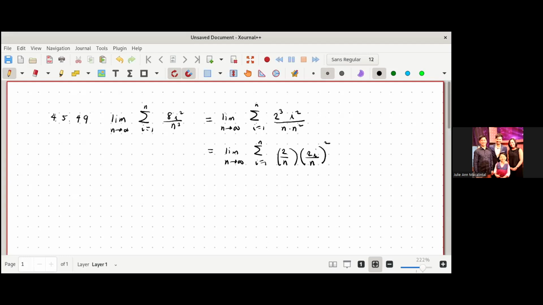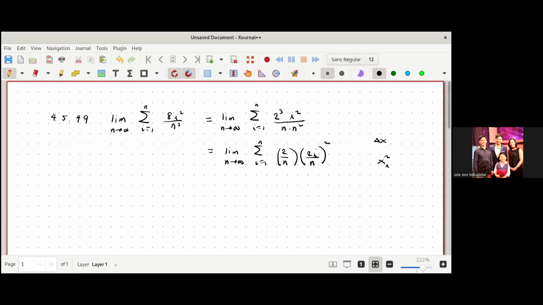Ngayon, pag tingnan mo tong form na to, ano kaya yung delta x? Ano yung x square? Kita ba? So, yung 2i over n squared. So, yun ba yung delta x siguro. Tapos, 2 over n. Okay.